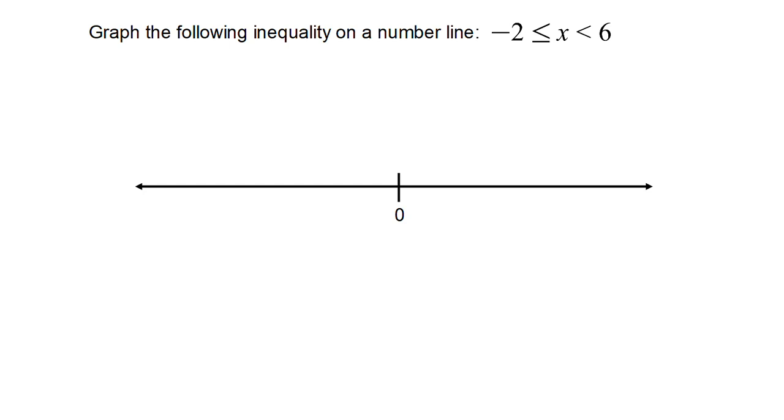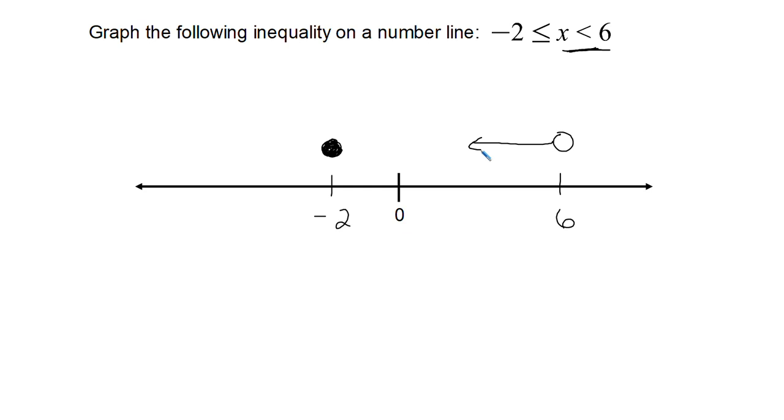Here's another similar one. This time we have -2 and 6. The -2 should have the filled in circle this time because it's got the or equal to on the inequality, and the 6 should have the open circle. And once again, we've got numbers that are less than 6.